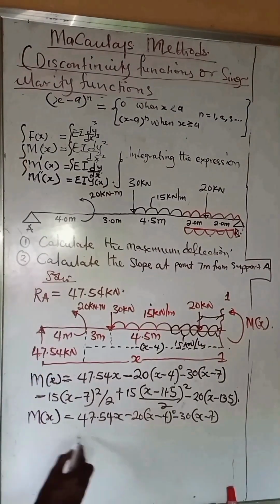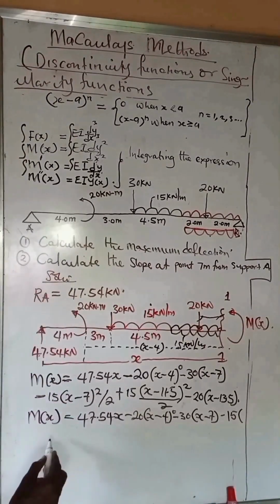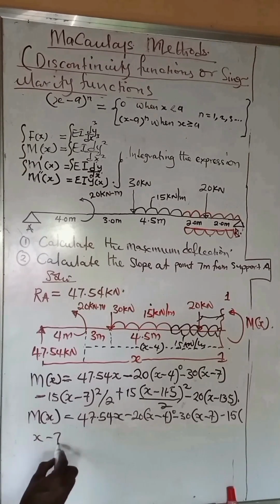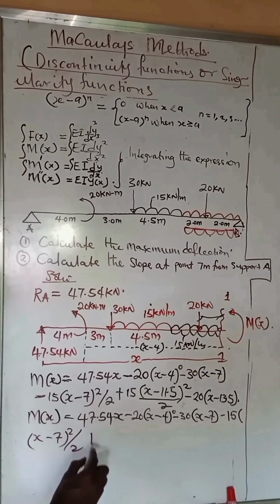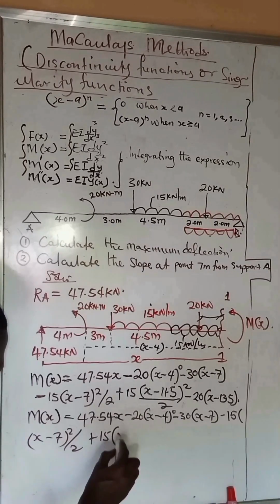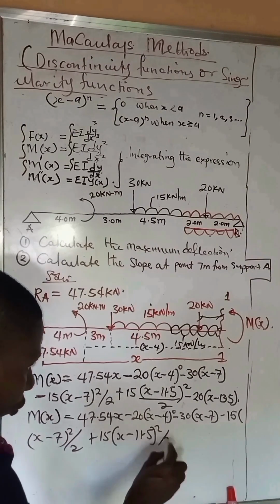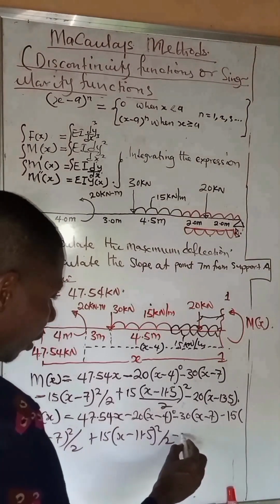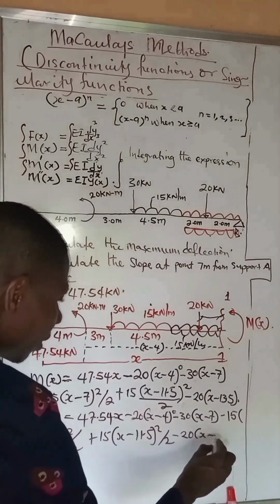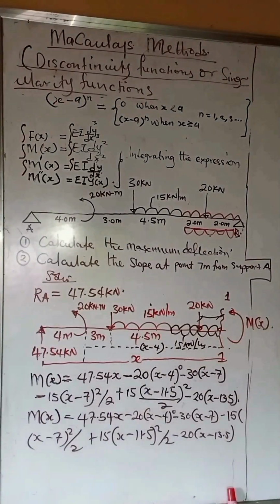Okay, we have minus 15 bracket x minus 7 squared over 2 plus 15 bracket x minus 11.5 squared all over 2. All right, so these are the moments. The last one, which is 20, so minus 20 bracket x minus 13.5. All right, so this is the moment expression.